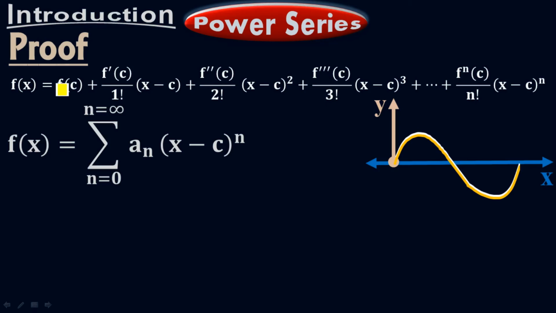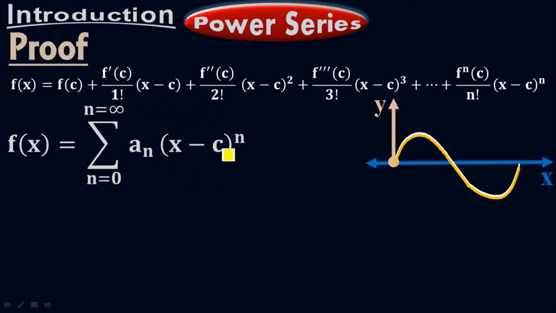Look here, I have f of c into x minus c to the whole 0. So x minus c to the whole 0 equals 1, and 1 times f of c is f of c. The first term came out when I plugged in n equals 0 for the power n. That's how we derived the power series equation with the help of the Taylor series.